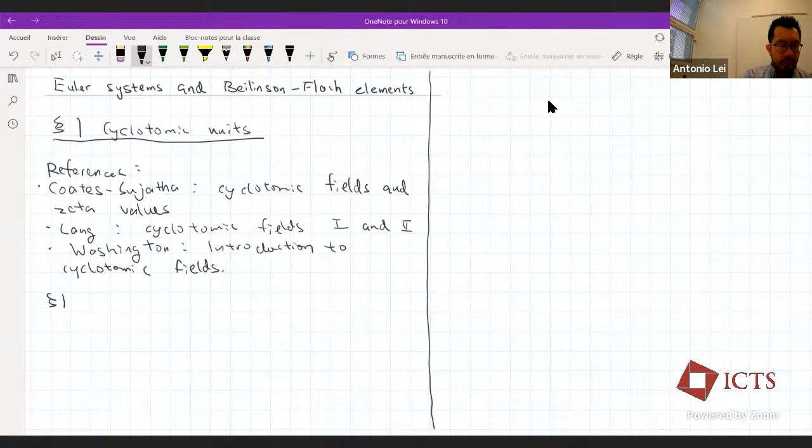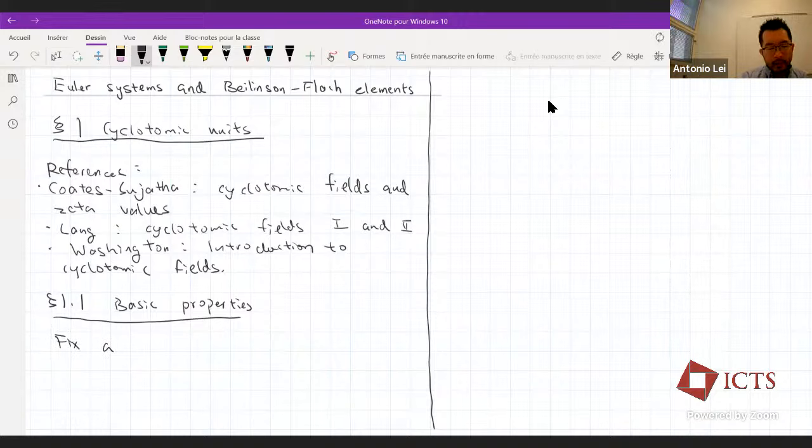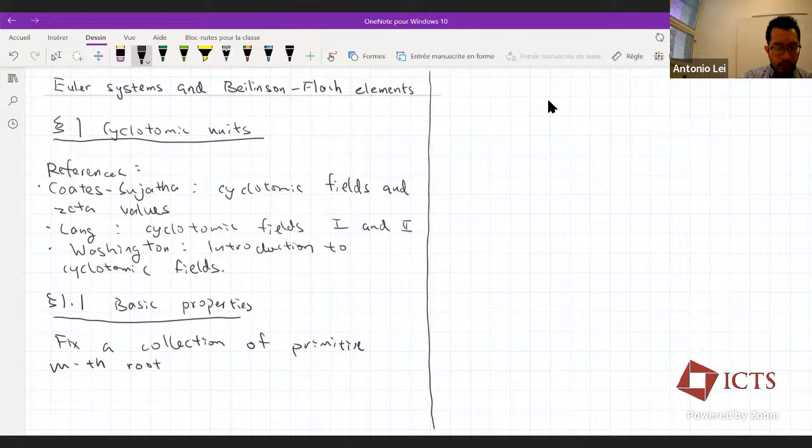Let me begin by telling you some basic properties of cyclotomic units. First of all, I want to fix a collection of primitive mth roots of unity, zeta_m, where m runs through all the integers that are at least 1, and I want to make sure that they're compatible.